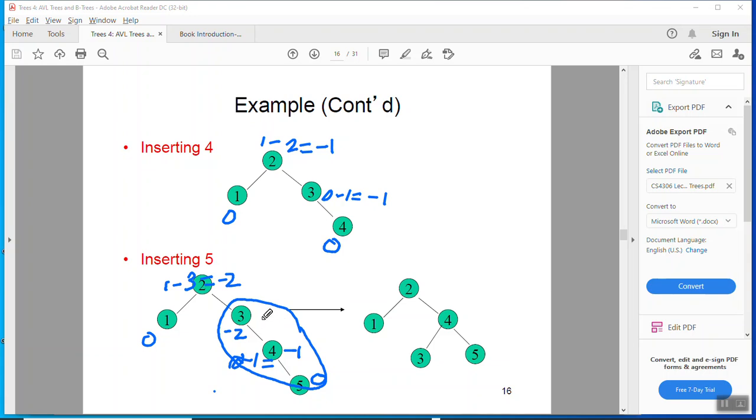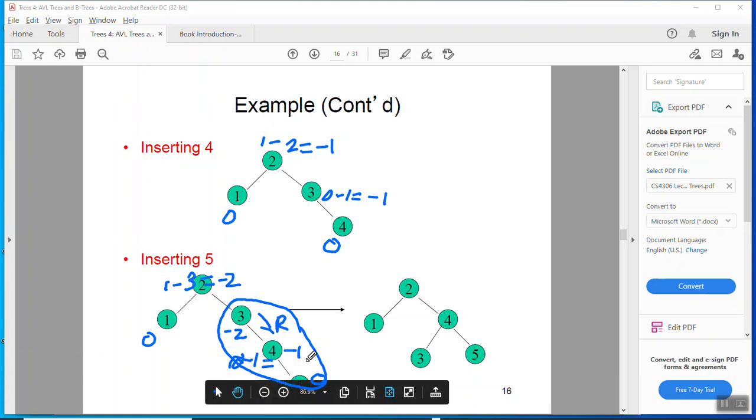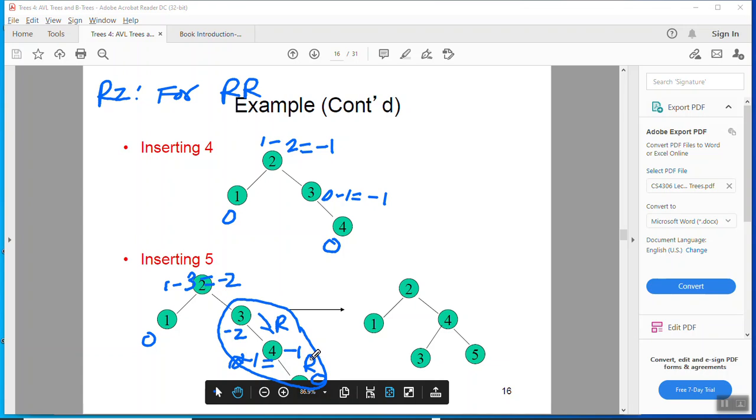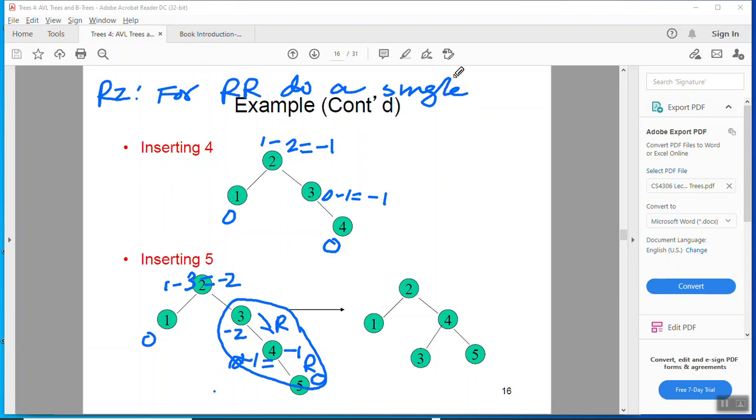For instance, this time you can see this is right and right. If we have right and right, this is rule 2: for right and right we will not look at the top, only at the 3 nodes. Right and right, do a single left rotation.